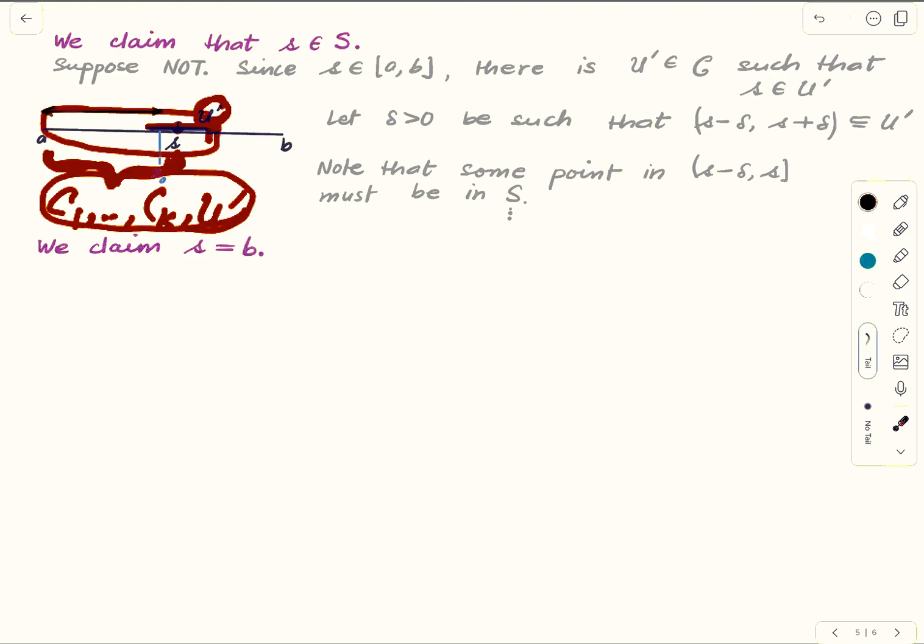It covers this bigger closed interval, and that means this point lies in capital S, but this point is greater than little s, and hence the supremum of capital S exceeds little s.